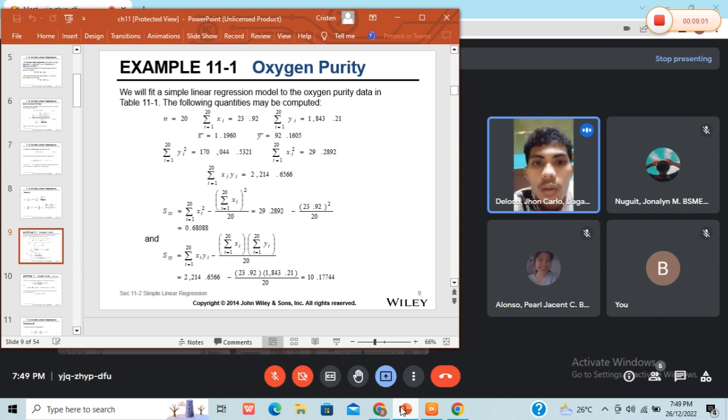So we will fit the simple linear regression to the oxygen purity data in Table 11.1. The following quantities may be computed. We have the number of samples, n is equal to 20.